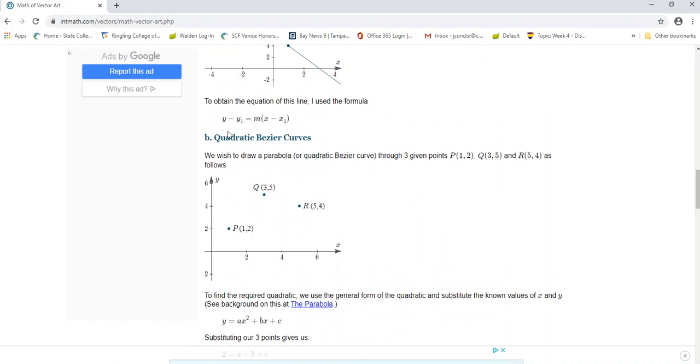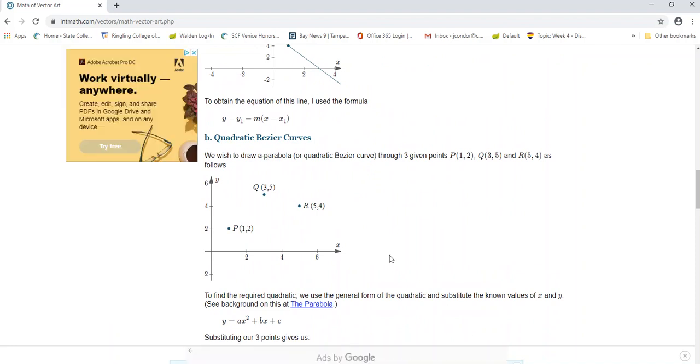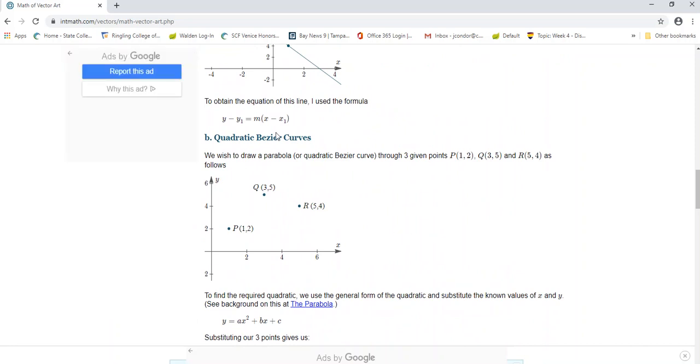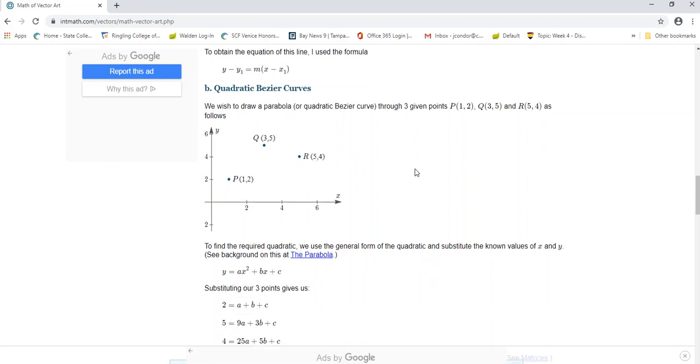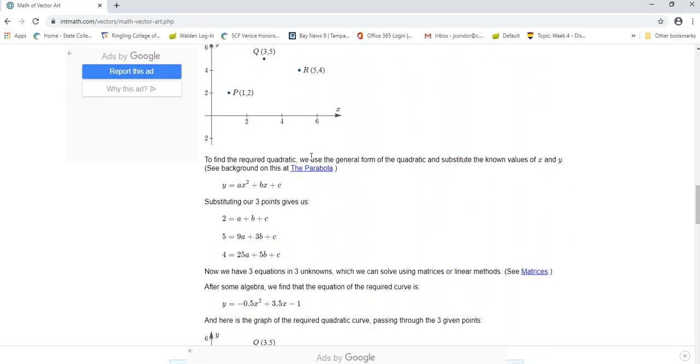And so the quadratic equations, or quadratic, they call Bezier curves. Same idea. And it got the 3 points. And then you can solve a system of 3 equations and 3 unknowns. You have this y equal ax squared plus bx plus c. And then you plug in like the 1 for x and 2 for y.